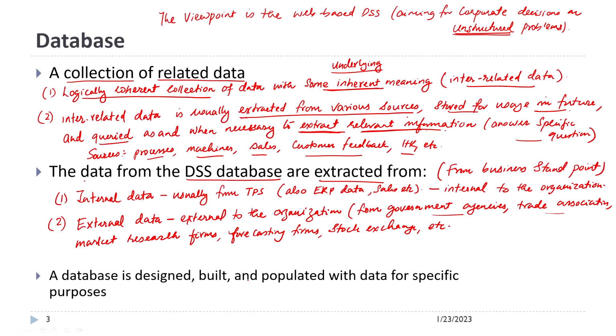Then comes a third one, which is private data or guidelines used by decision makers.